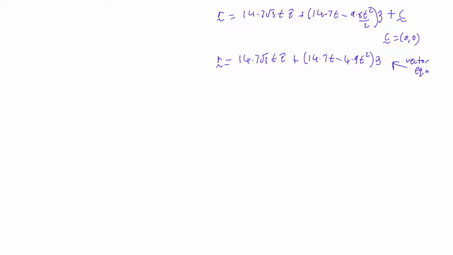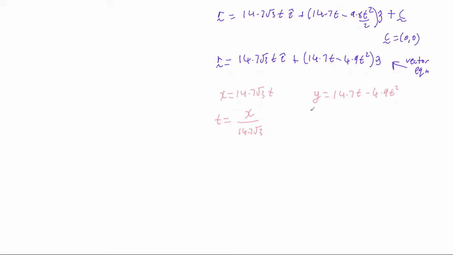So to do this, we're going to set that x equals 14.7 root 3t and y equals 14.7t minus 4.9t squared, which is what these two parts of our vector equation give us. Get t as the subject, so we're going to have x on 14.7 root 3, and then we can go and substitute that into our y equation.